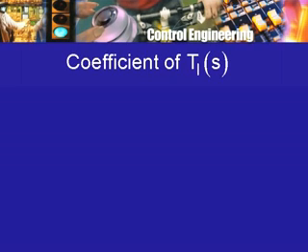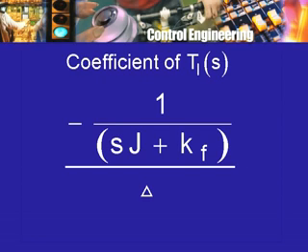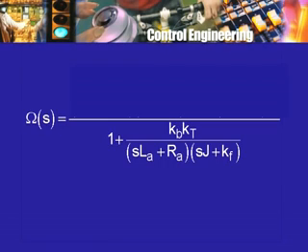Something similar I have to do for the coefficient of TL. The denominator is the same, and the numerator is what? The forward path from TL to omega is a straight one, that is minus 1 divided by Sj plus Kf. The numerator delta is simply 1 as before, and therefore I can write down the full expression for the Laplace transform of the speed as omega s equal to, and I will combine the two delta denominator terms, so 1 plus Kb Kt divided by SLA plus Ra into Sj plus Kf, that is the denominator.